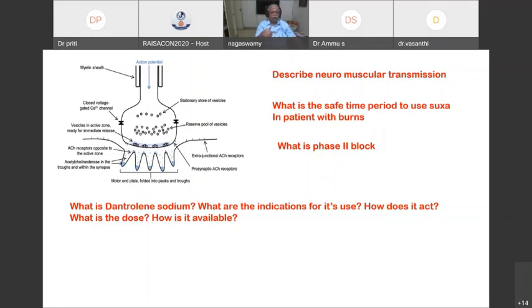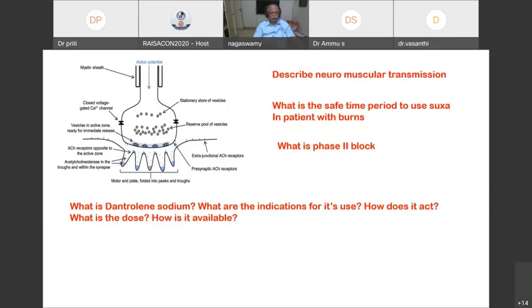The entry of calcium through the T channels into the muscle cell will make the ryanodine receptor open and then allow more calcium to come into the cytosolic space from the sarcoplasmic reticulum. This calcium will stimulate the troponin C, which will go and stimulate the excitation contraction coupling of the actin myosin complex.